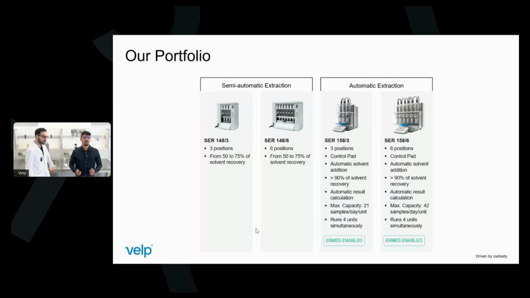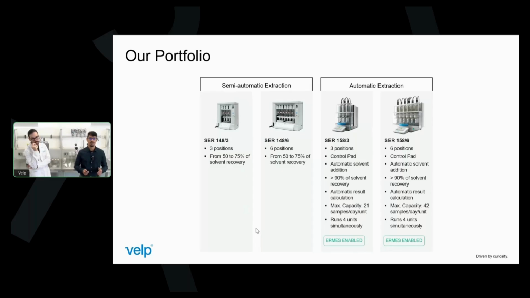As you can see on the slide, in our portfolio we have 4 different types of solvent extractors plus our HU6 hydrolysis unit. So 4 different solutions, starting with the semi-automatic extraction: we have our SER 148 in the 3 position model, as well as in the 6 position model.